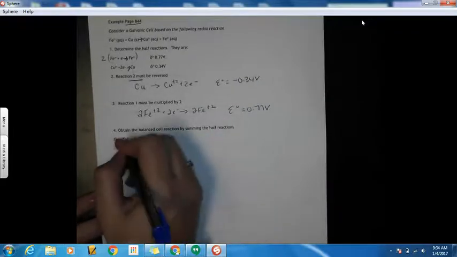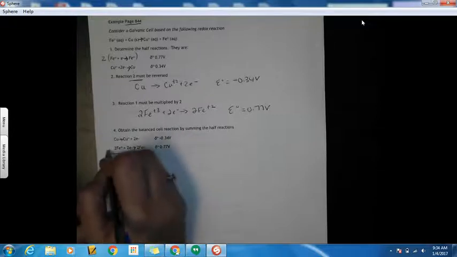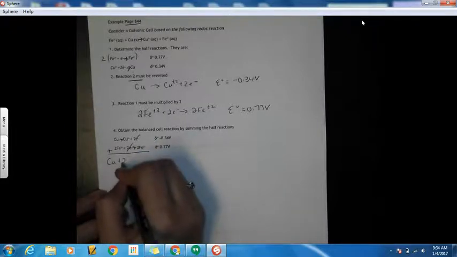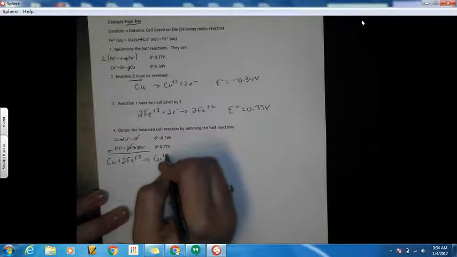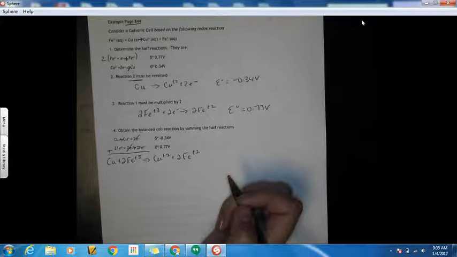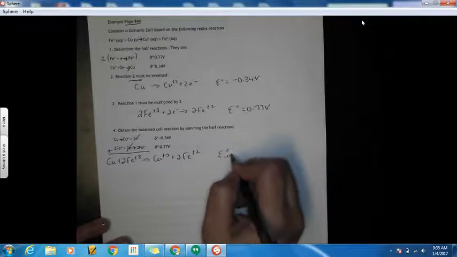Now to get the overall cell reaction, we're going to sum these two halves. Again, my arrows are missing. We're going to add them together. Since our electrons are on opposite sides of the arrow, they cancel out. So we get copper plus 2 iron plus 3 makes copper plus 2 and 2 iron plus 2. And to find the value of E cell, we do the same thing.